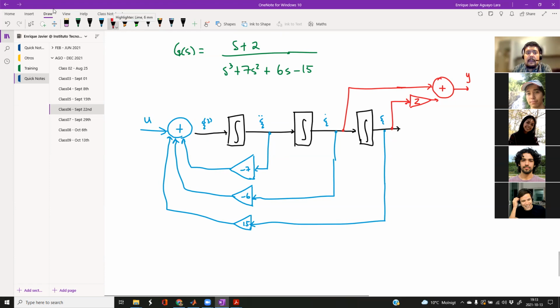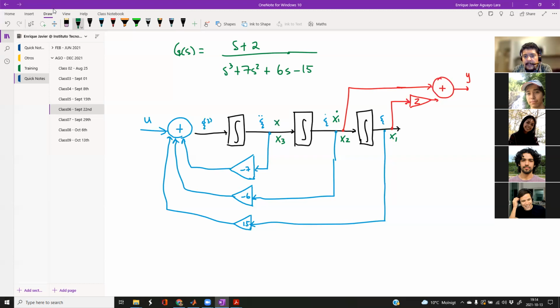If I select this variable as x1, this variable as x2, and this variable as x3, then of course, if from x2 I make the integral and obtain x1, then this one is also the derivative of x1.